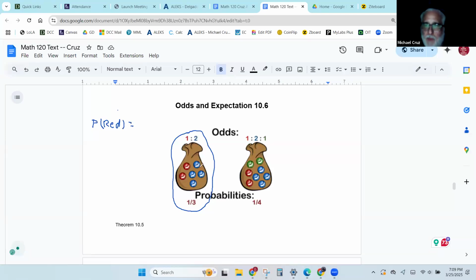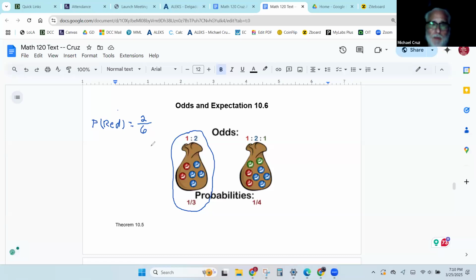In this bag of marbles, there are 1, 2, 3, 4, 5, 6 marbles. And how many of those are red? 2 out of 6. 2/6 probability of picking red.